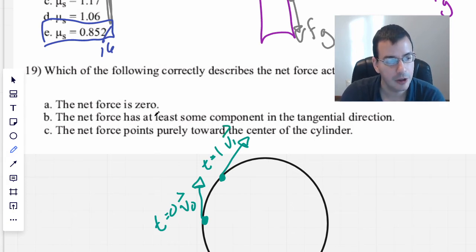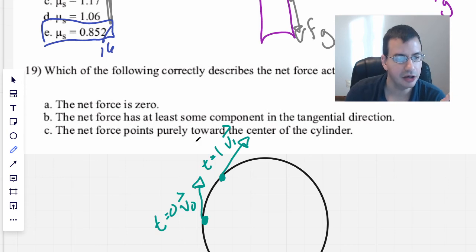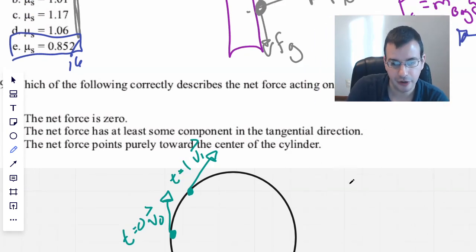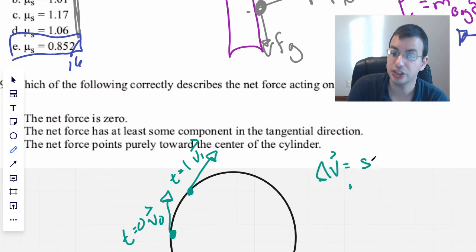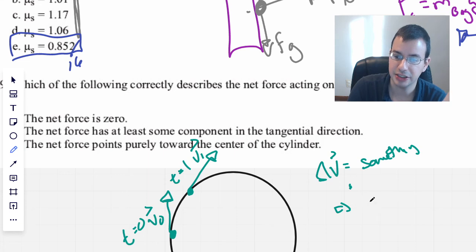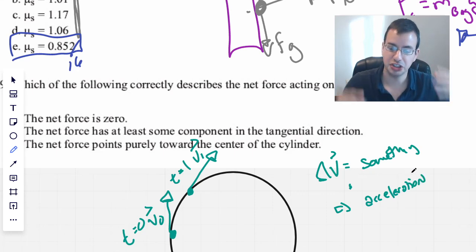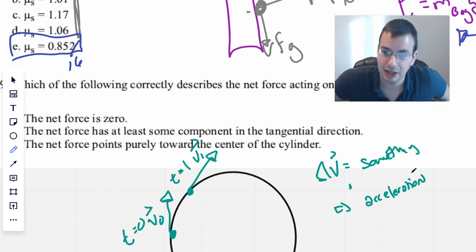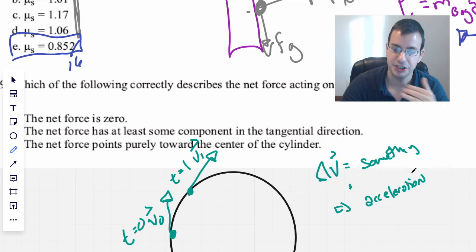And so for the net force, the velocity changes. So change in velocity equals something, which implies that there exists an acceleration. Because to change the velocity, you're going to have an acceleration. Acceleration changes velocity.